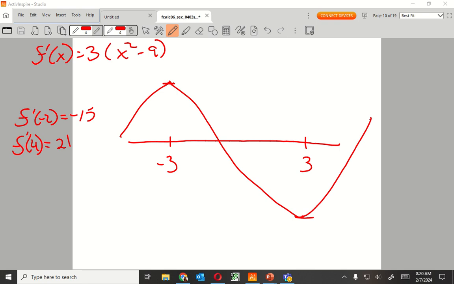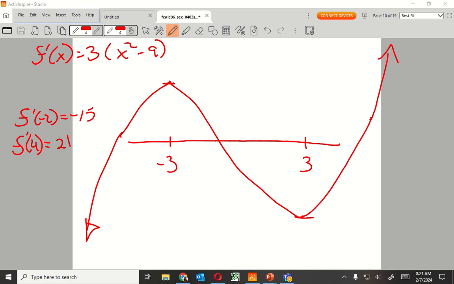This is going to keep going on up this way, and it's kind of exaggerated because my function is a third degree. If it was a second degree, that would just be a parabola, right? A third degree is the wacky wavy inflatable arm man, so one up, one down. That's what the graph is going to look like using my first derivative test.